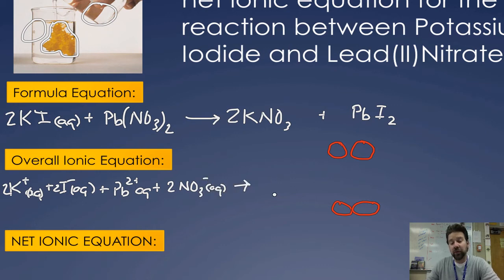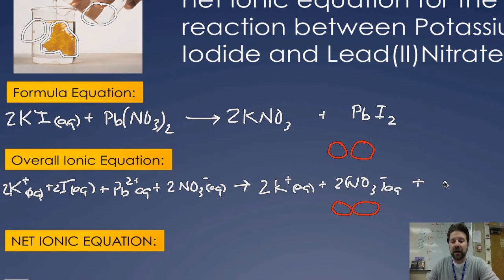On our product side, we have potassium nitrate, which we said was aqueous as well, so that's 2 K+ ions. And we also have 2 nitrate ions, NO3-, and that is aqueous as well.